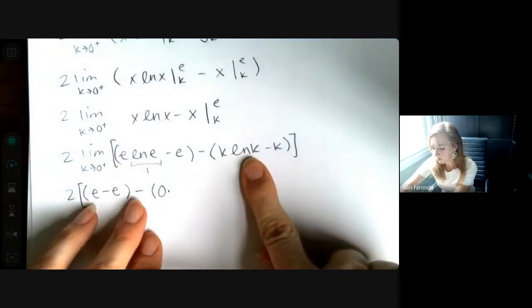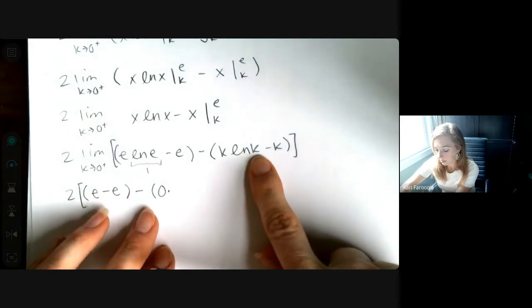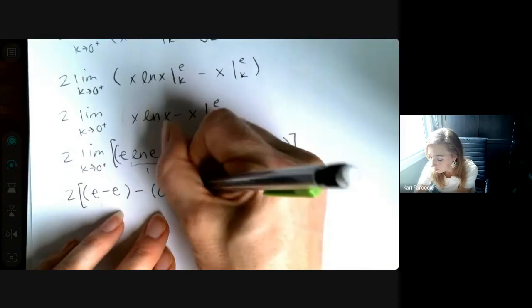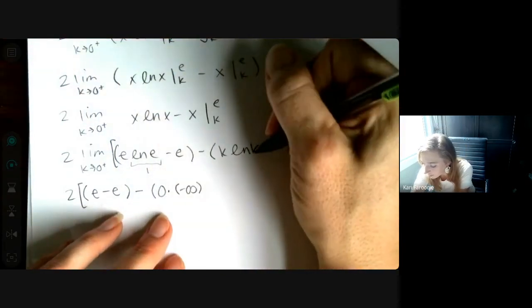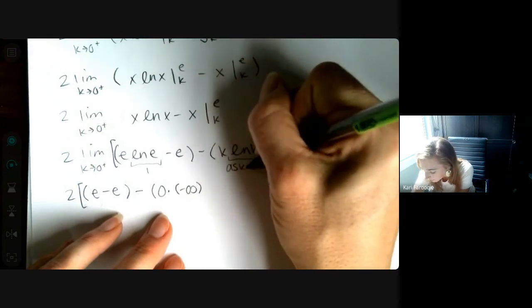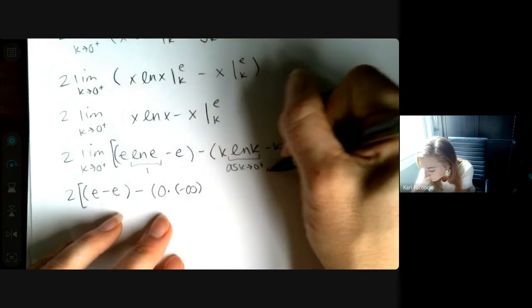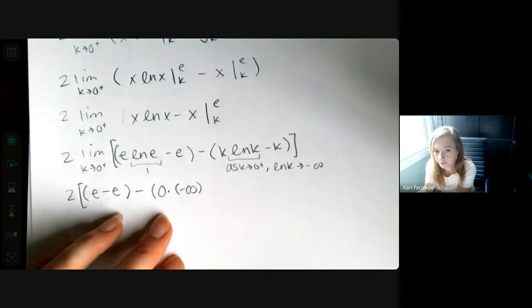times the natural log as k approaches 0 from the right, which is negative infinity. Remember, we looked at that on the graph. As k approaches 0 from the right, ln k approaches negative infinity.